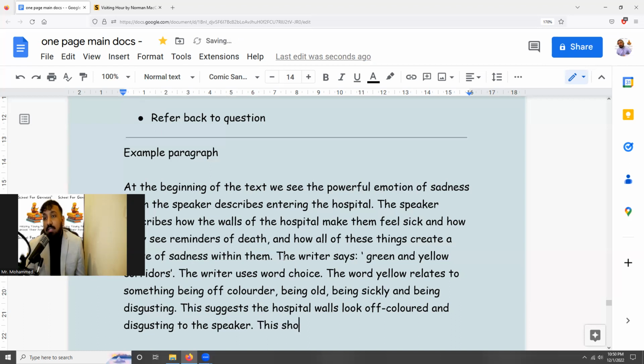This shows, and again, this is a very good way of organizing. You can do this suggests for the basic meaning. This shows for the connection back.